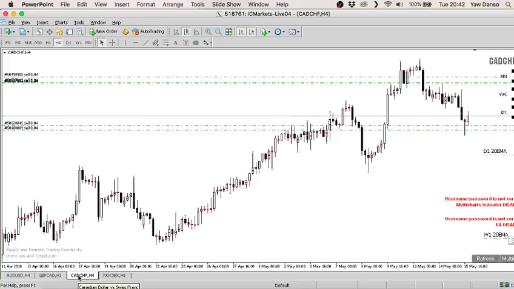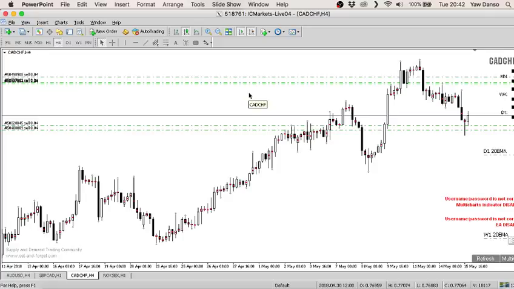If you are familiar with the pairs that we did go through on, I think, the second lesson, you will be familiar with the pairs now. So this is the Canadian dollar versus the Swiss franc. If I want to buy this pair, I will have to specify the quantity that I want to buy or sell.